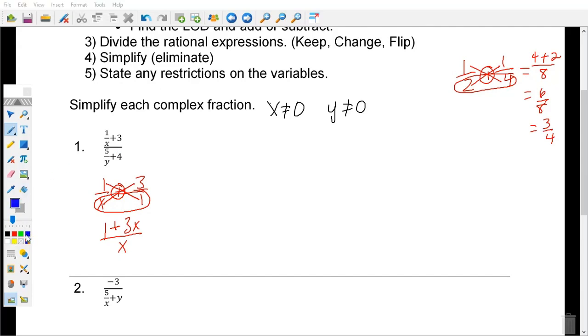All right, we're going to do the same thing to our denominator, okay? So our denominator, we have 5 over y plus 4 over 1. 5 times 1 is 5. My rice is positive. Y times 4 is 4y, over y.